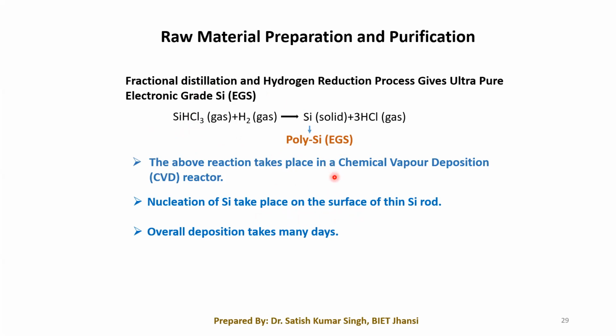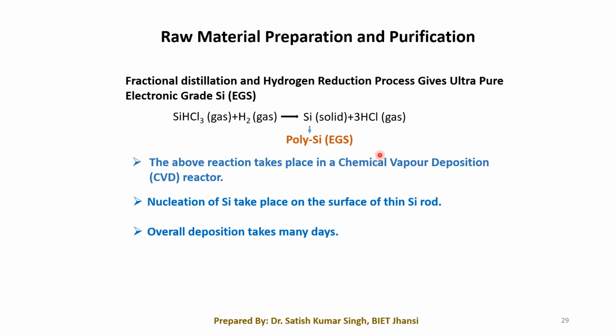Fine, and this way we get the polysilicon EGS, electronic grade silicon, which is ultra pure. This polysilicon will be used as a raw material for converting it into single silicon crystal.